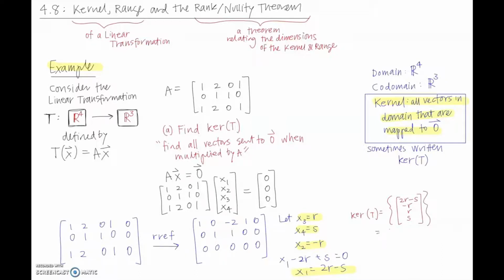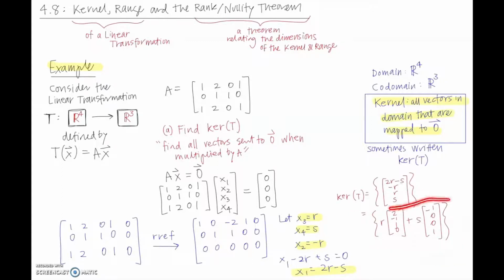We would write it like r times (2, negative 1, 1, 0) plus s times (negative 1, 0, 0, 1). And so we can see that these two vectors form a basis for this vector space. So the kernel of T is just any linear combination of these two vectors.